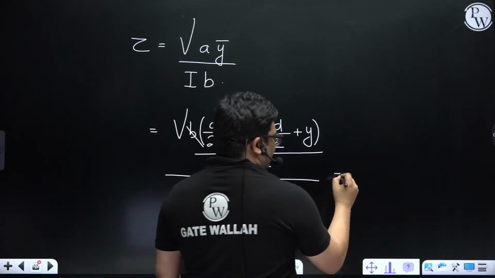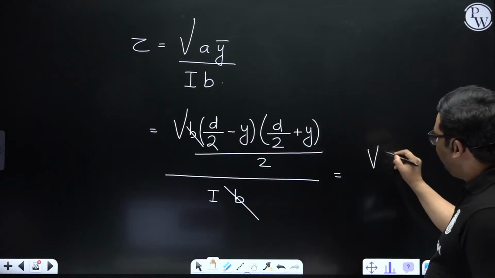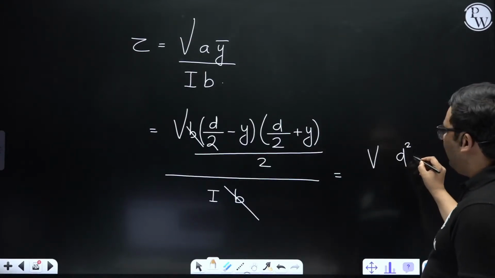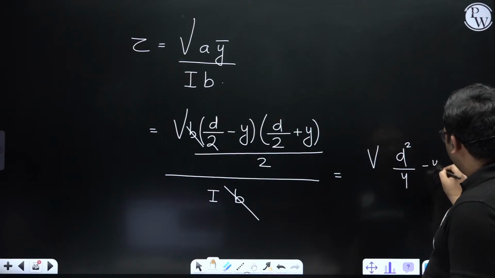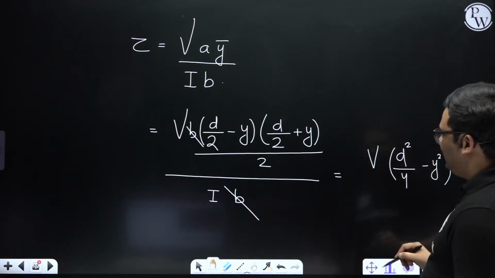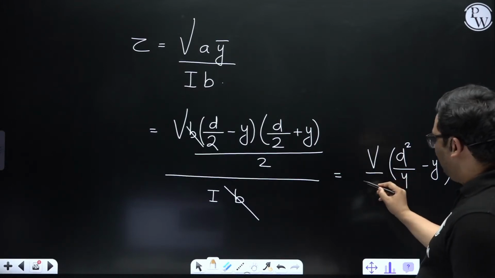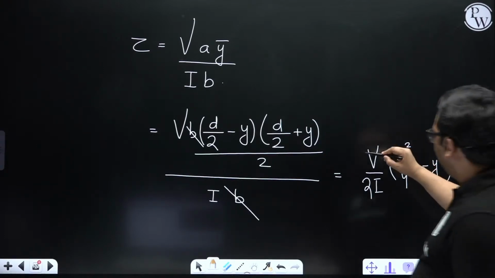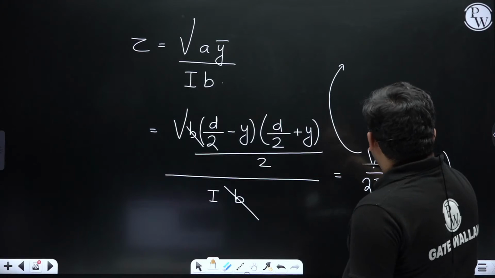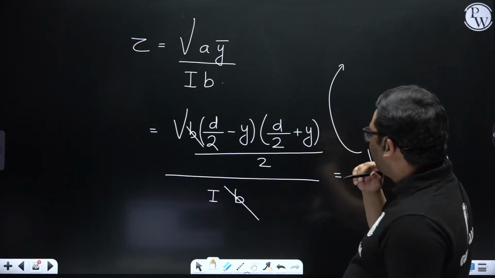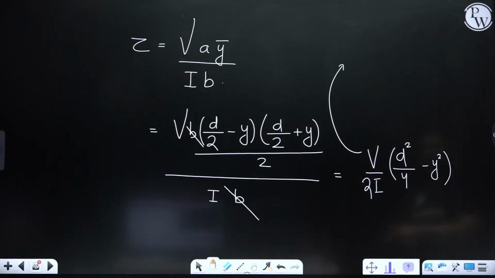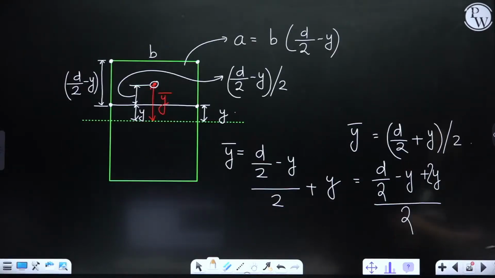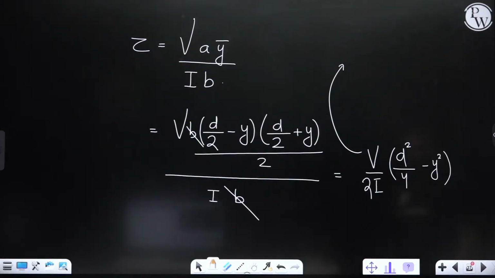So this becomes V times d square by 4 minus y square, divided by 2I.